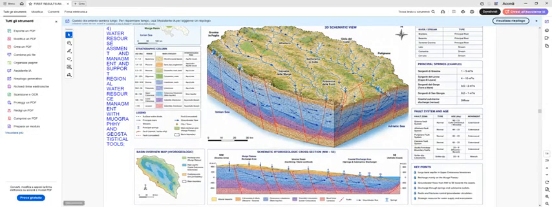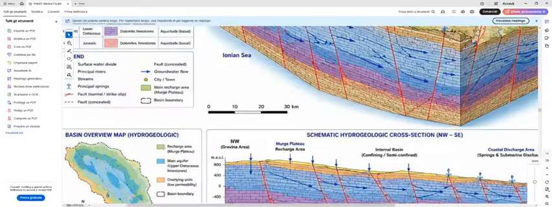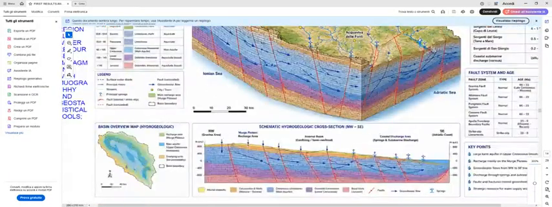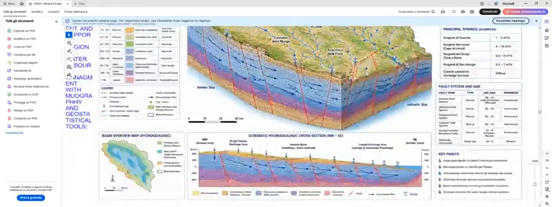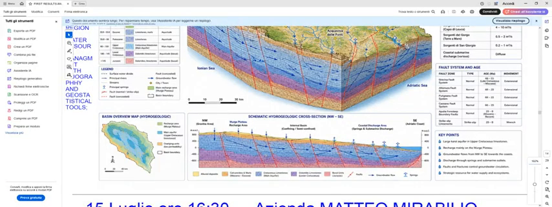the circulation. You have a basin overview hydrogeological map with the recharge area and the main aquifer in the upper Cretaceous in blue, and also a schematic cross-section of the Murge Plateau in the internal basin. As we just said, the upper part functions as the recharge area.